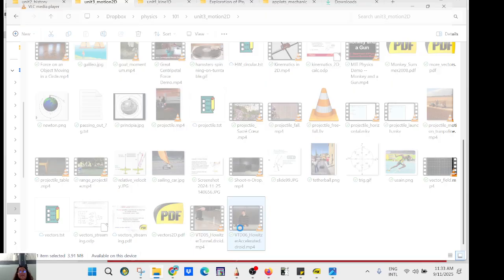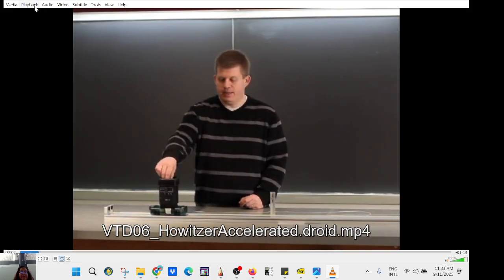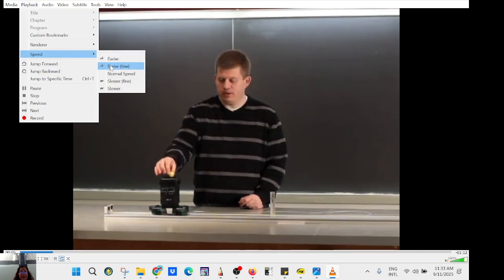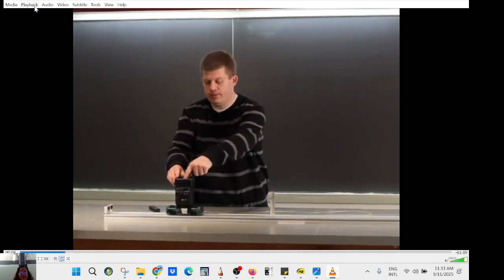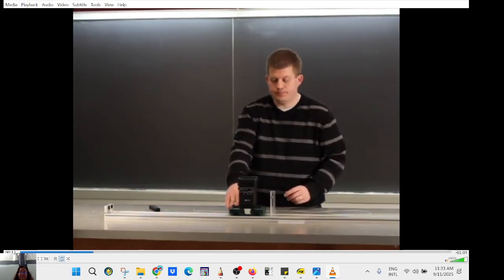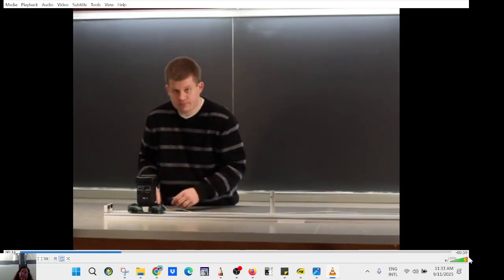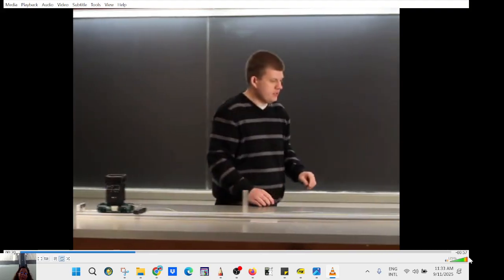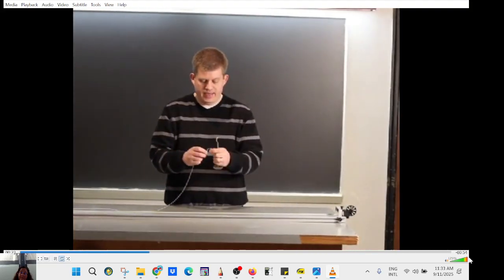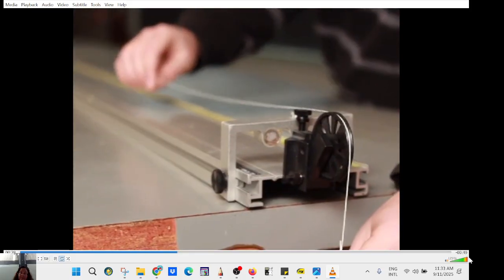Now, if there is an acceleration, here at the top, this piece of string is attached to the cart. And the string will be attached to this mass, which will be hanging over this pulley at the end of the track.